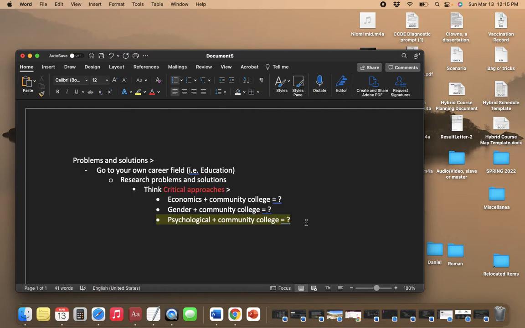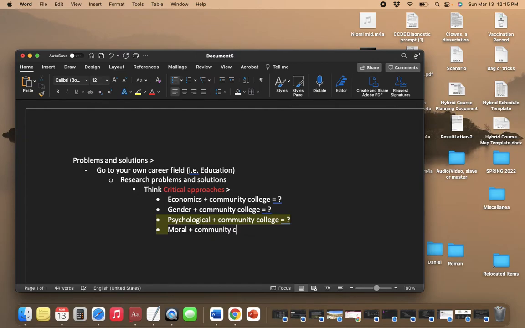One of the approaches that I have not shared with you, I always forget it, and it's actually kind of an important one, is the moral approach.